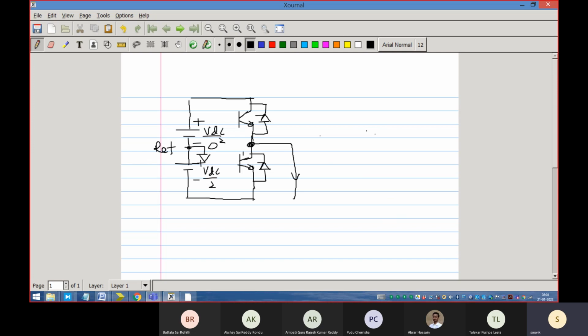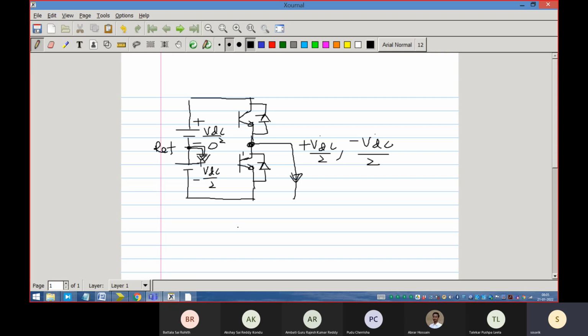You must understand that this current, being an AC supply, can be positive and negative. Voltage being positive and negative has already been ensured because we are taking it with respect to the 0 point. So the voltage at this terminal will be plus VDC by 2 and minus VDC by 2. That has been ensured.